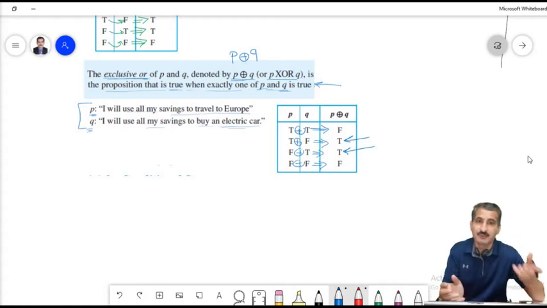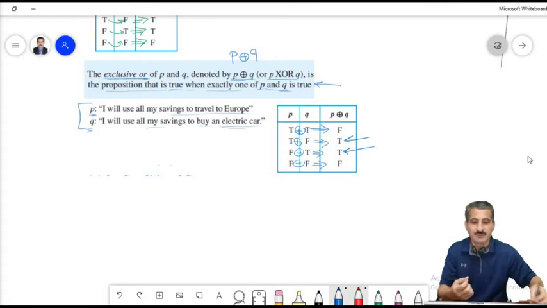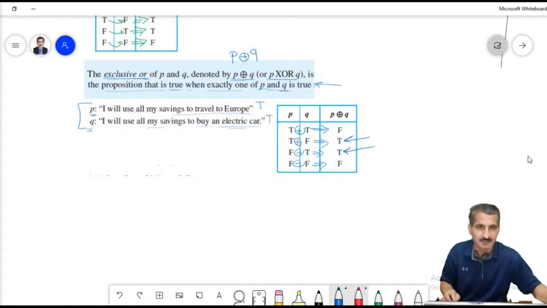But you cannot do both. You cannot go to Europe and buy an electric car, because your savings are enough to do one thing. So, if we assume true that you will go to Europe and true that you will buy an electric car, then the whole statement is false because you cannot do both things. That explains why this false is happening here.